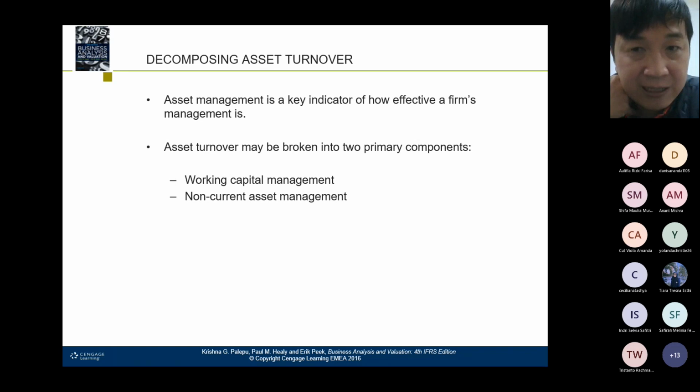As in previous slides we provided, asset management is one of the four levels. So asset management is the key indicator, and asset turnover must be broken into the primary components.